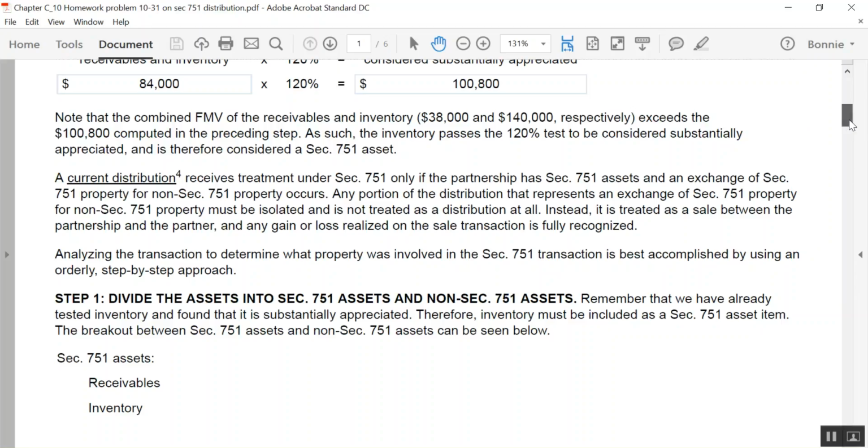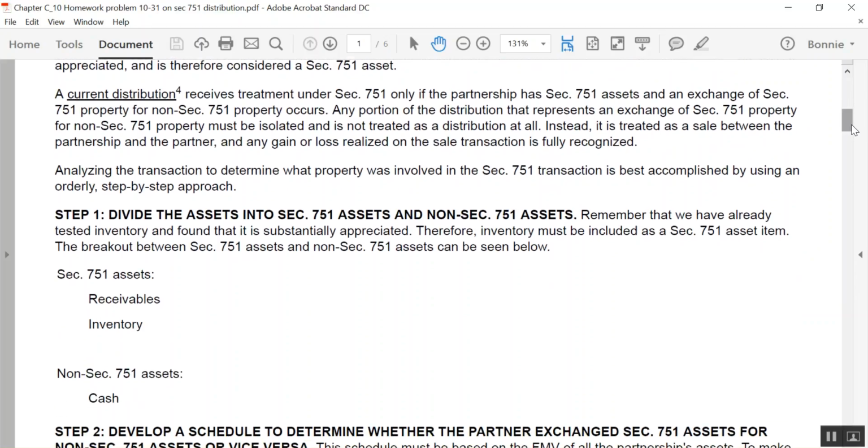So we're going to be going through the process of determining whether we have a distribution, which you'll treat as a normal distribution as you've learned in the rest of the chapter up to this point, or do we have a 751 distribution, which is treated as a deemed sale.